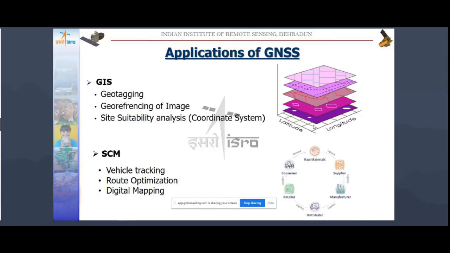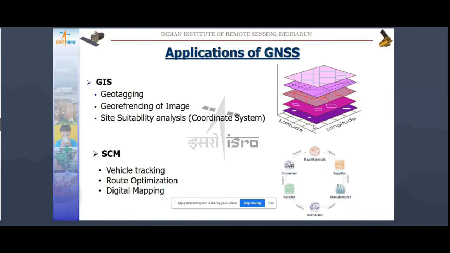Similarly, we send material, like milk, to a dairy. The vehicle has taken the milk and is going to the dairy, so we can track how much time it is taking. Similarly, with route optimization, we can decide which route to follow to get the minimum time, and there is digital mapping. All these applications we also have in SCM.